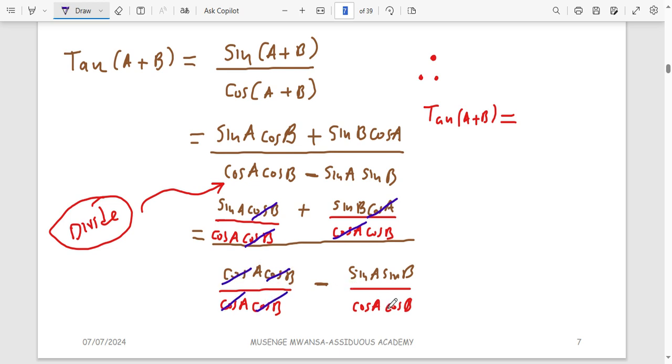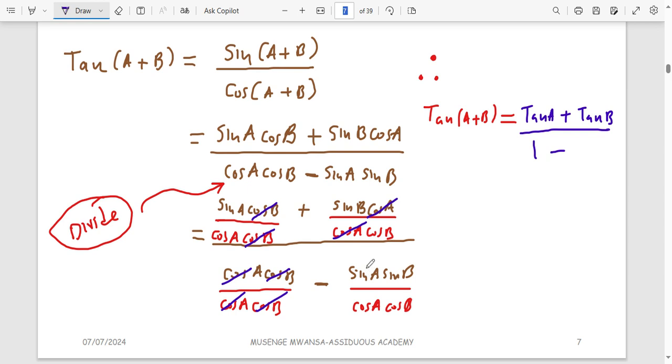And then here, can you see that on top we have got sin B, down we have got cos A, so for this side, nothing. So on top we have just remained with sin A over cos A, and sin A over cos A, that is tan A. And then the second one went on top with sin B, down with cos B, and sin over cos is still tan, but the angle now is B, and then everything over the first term, everything cancelled out, so that was a 1 minus.